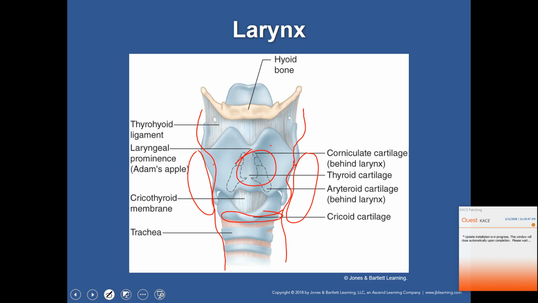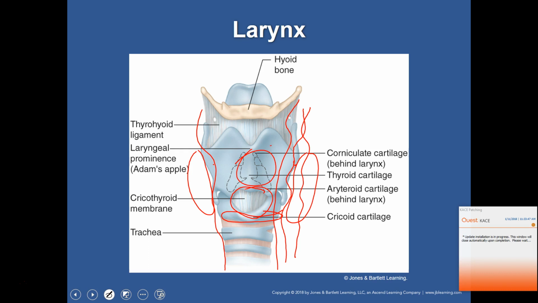Now, of course, not everybody's anatomy is the same. Somebody's artery may be a little further this way and some may be a little further this way. And we need to be aware of that, because this cricoid membrane right here, this spot right here, that's where we do a cric. So if we do a surgical cric or a needle cric, we're going to do that right in here.